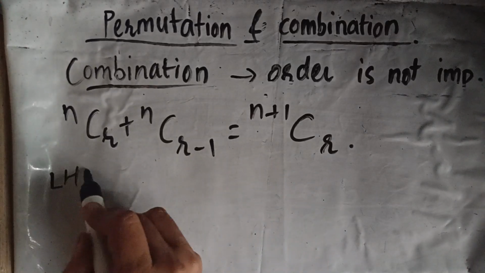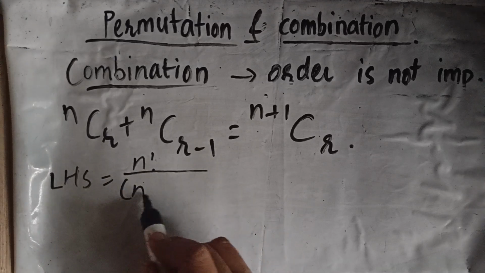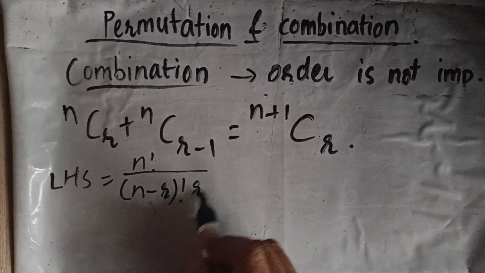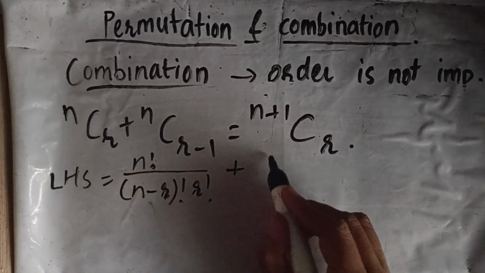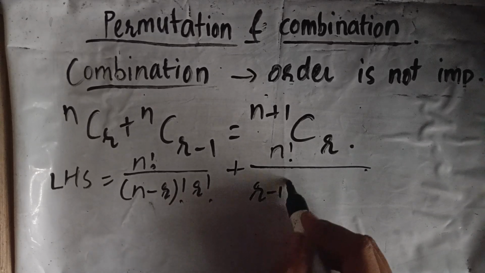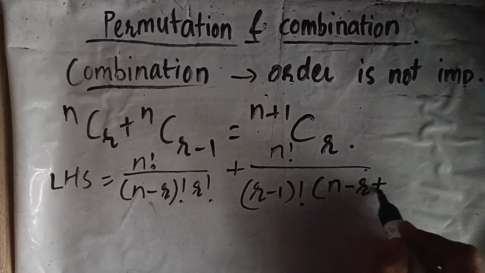So starting from the LHS, nCr is n factorial upon n minus r factorial into r factorial, plus n factorial upon r minus 1 factorial into n minus r plus 1 factorial.